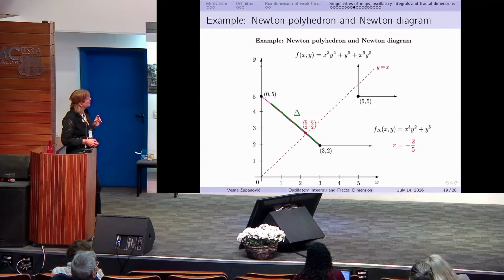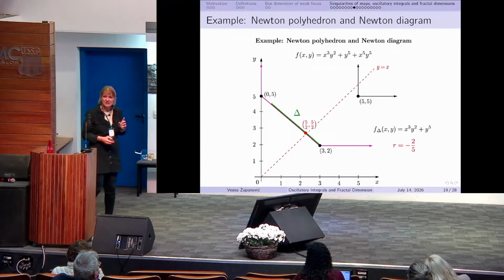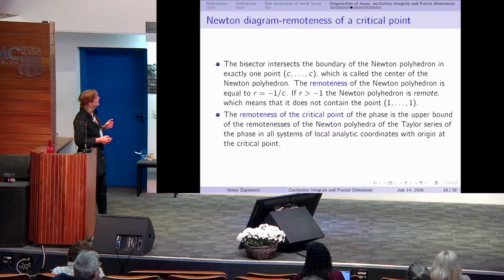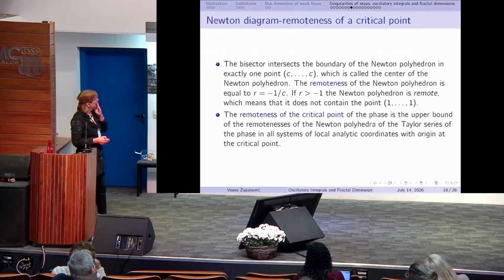Here, this is the line y equals x. Here is the intersection, called the point (c, c), and the remoteness of the diagram is -1 over c. Remoteness is -1 over c.